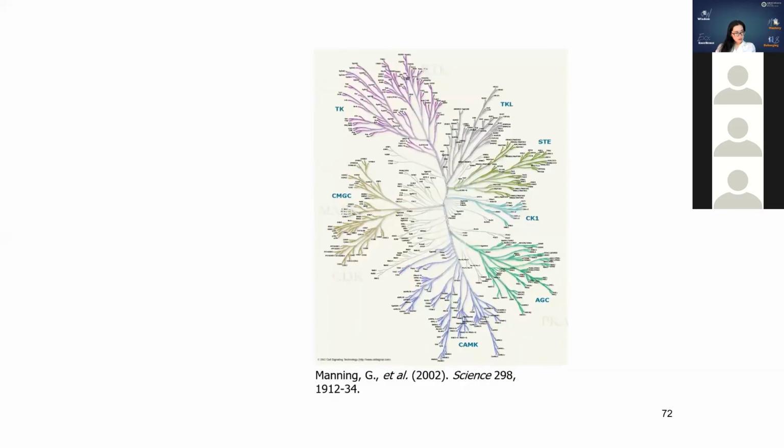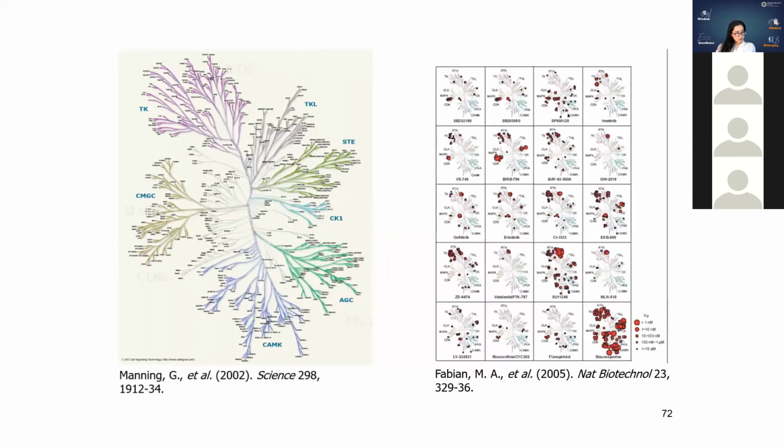Another thing I discovered is that the protein kinases all bind to staurosporine with various binding affinity. On these trees, if the drug binds well, it has a large red circle showing how well it binds to staurosporine.